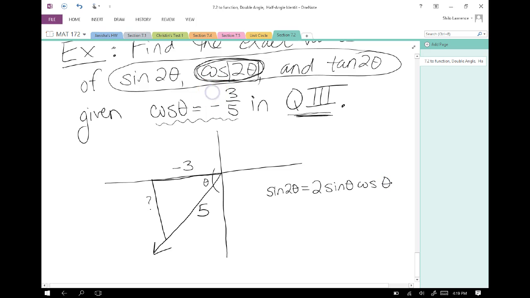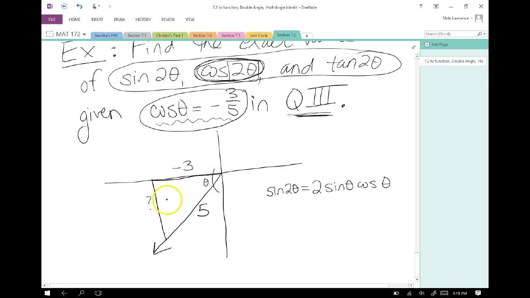To figure out that value, I need to know what sine of theta is and cosine of theta is. Now, we already know cosine of theta. They gave us that value in the problem, but we don't know sine theta. And we can't figure out sine theta unless we know what the opposite side of that triangle is. So I'm going to use the Pythagorean theorem to figure out what the opposite side of that triangle is.